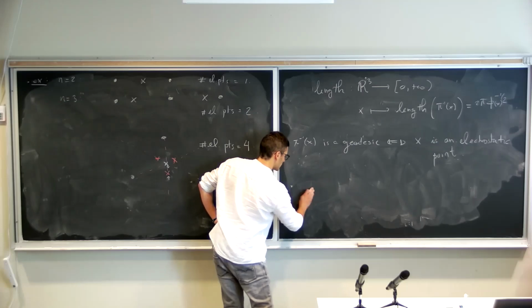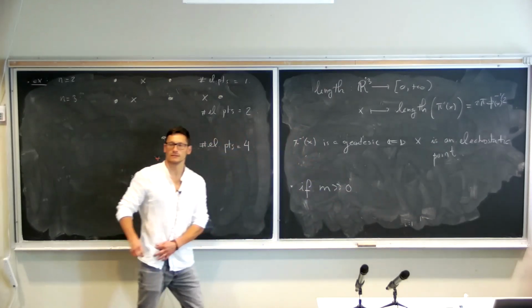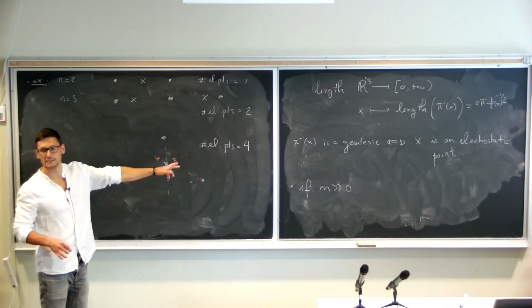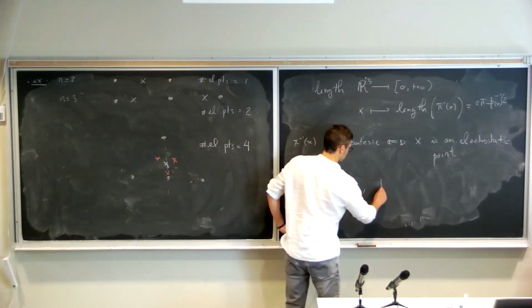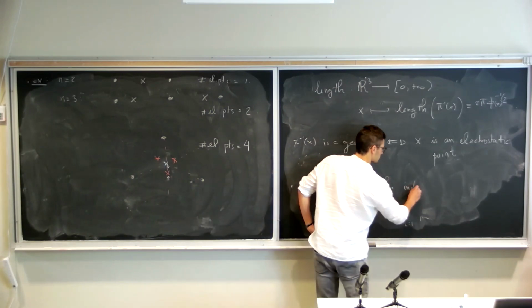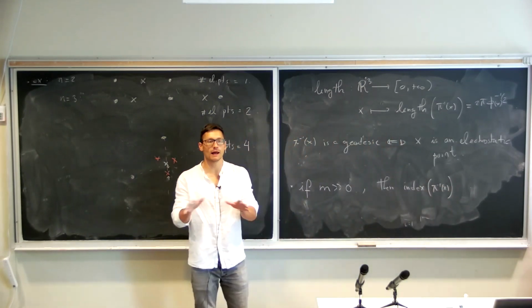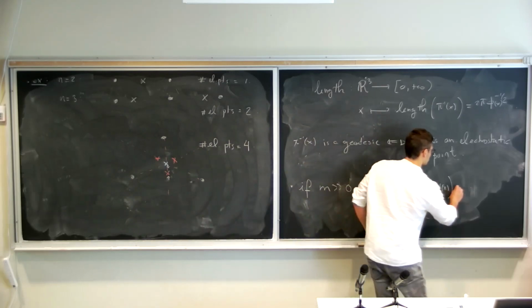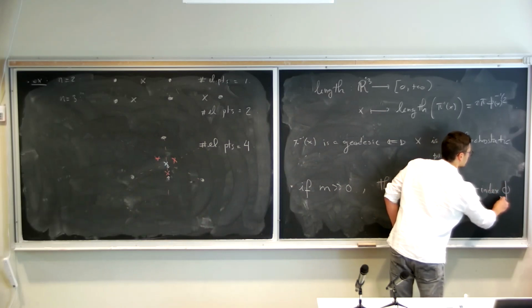It turns out that if m, this constant that I added in the potential, is very big, this is the case that I will be interested in, but also you need it to do the computation, then the index of pi minus 1 of x as a geodesic, so these are the number of ways you have to deform the geodesic in order to minimize the length, is 3 minus the index of phi at x.